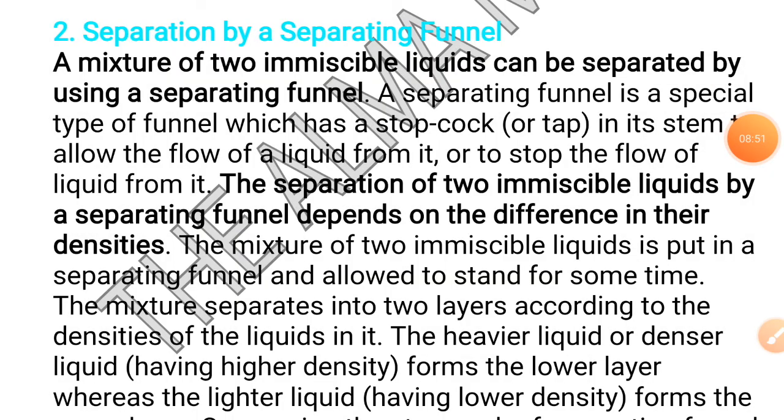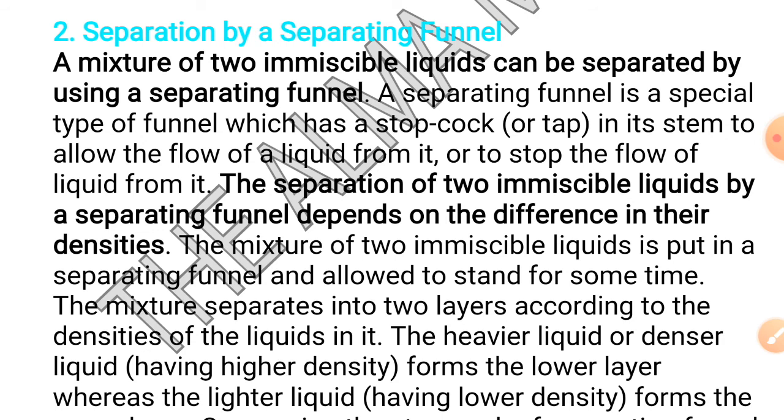Students, now we will study separation by using a separating funnel. As we discussed earlier, a mixture of two or more immiscible liquids can be separated by using a separating funnel. A separating funnel is a special type of funnel which has a stopcock in its stem to allow the flow of liquid or stop the flow of liquid.